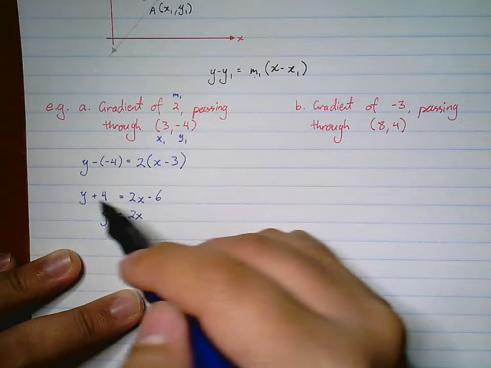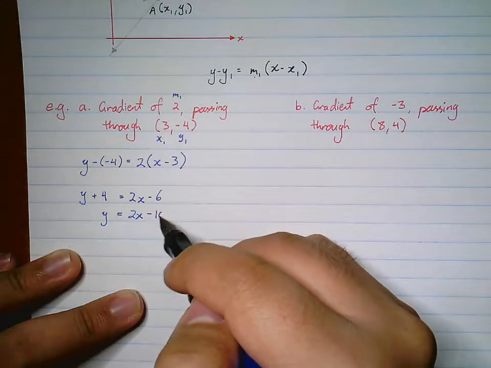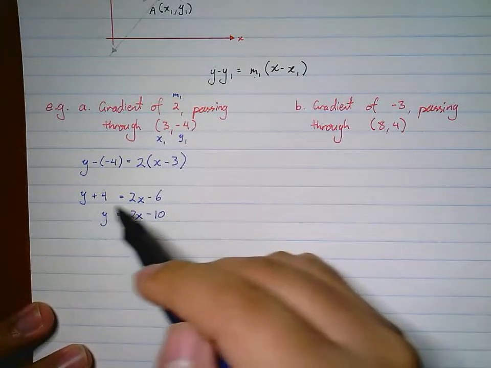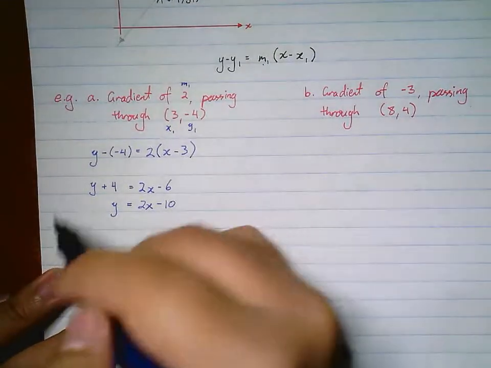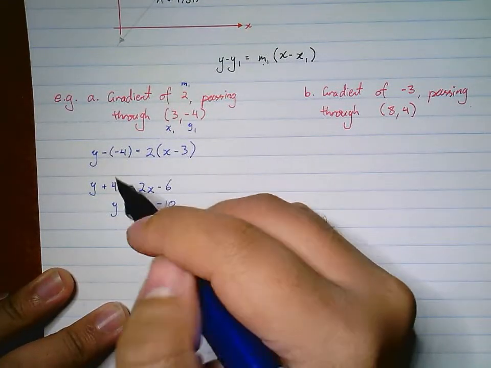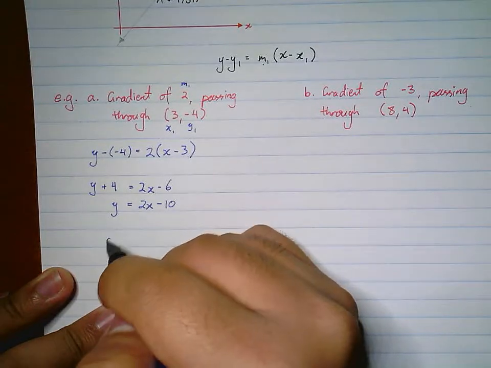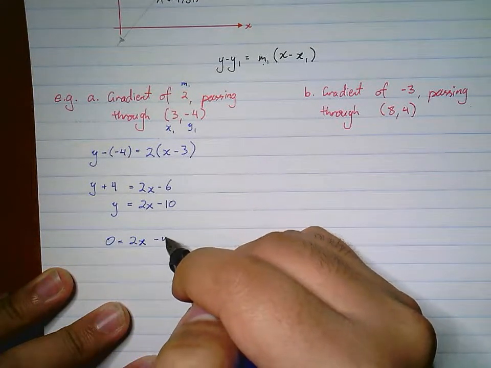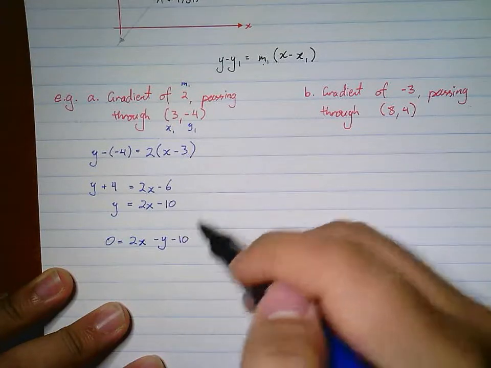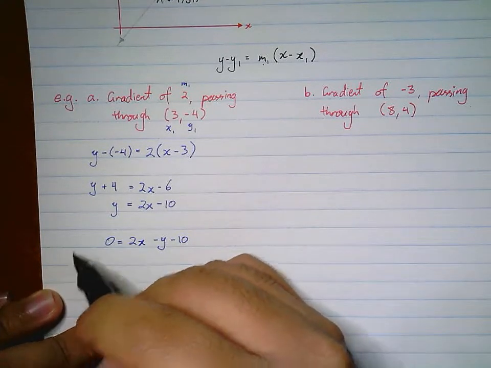Negative 6 minus 4 is negative 10. This here is our equation of the line in gradient intercept form, and we can also change it so that it looks like the following. 0 equals 2x minus y minus 10, or we can just finalize it there.